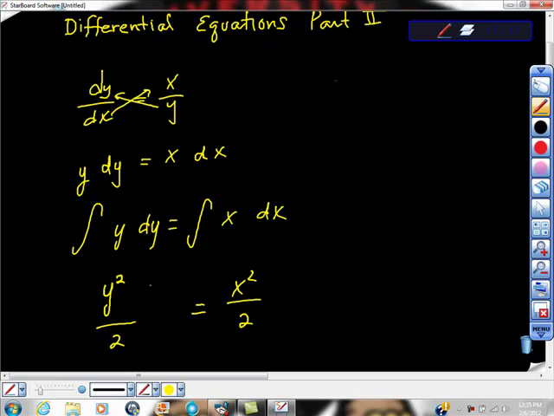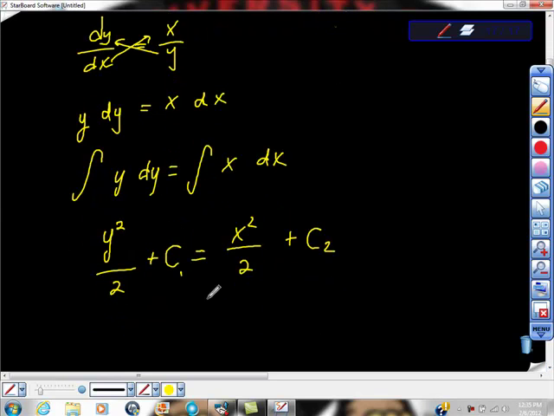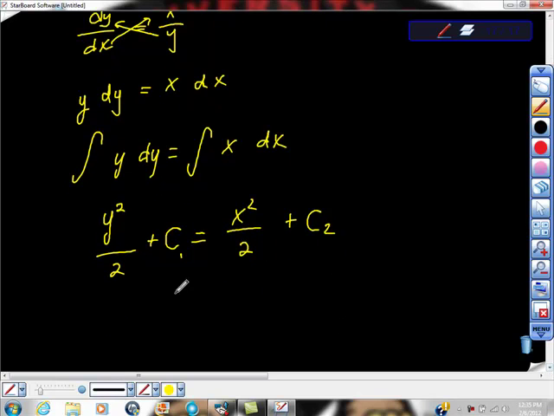And I can hear somebody out there saying, what about c? So, okay, c. Because I'm going to have c on both sides, I'll call this c1, and I'll call this plus c2. Then I'm going to move all of the variables to one side and all the constants to the other. So that would give me y squared over 2 minus x squared over 2 is equal to c sub 1 minus c sub 2.